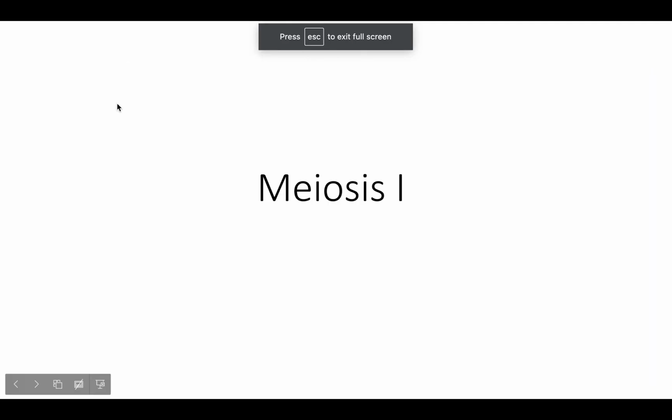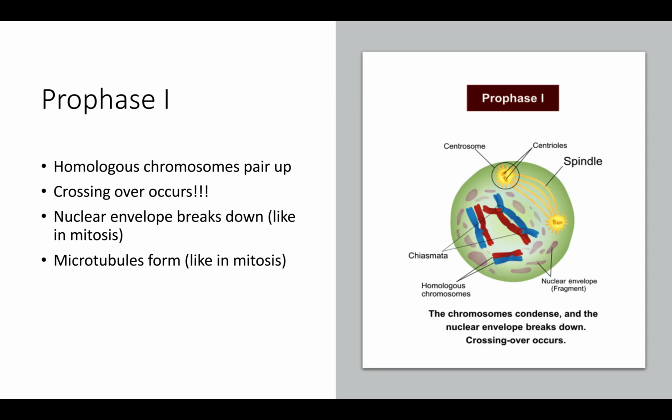Okay, moving on to the first part of meiosis, which is called meiosis 1. This is going to include prophase 1, metaphase 1, anaphase 1, and telophase 1. Okay, so prophase 1 is a lot like prophase in mitosis. What happens during this phase is that homologous chromosomes will pair up, okay?